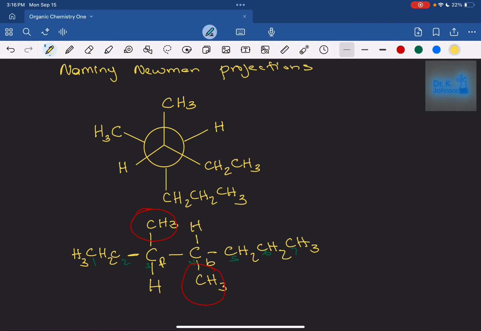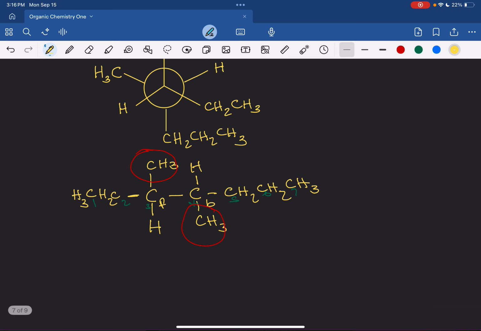So to name this, your parent name comes from the 7 carbons. So that's heptane. Then I have 2 substituents. They're both methyl groups. One is on carbon number 3 and the other one is on carbon 4. So you write 3,4.